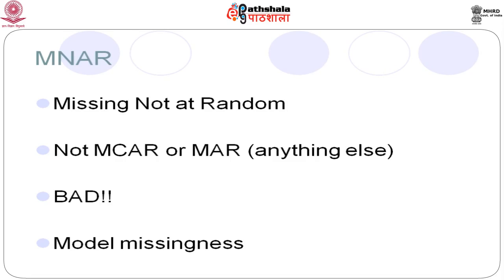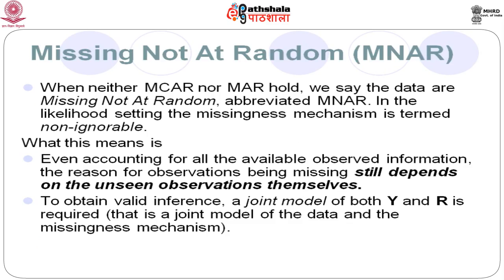And finally, the other one is MNAR, missing not at random, which is not MCAR, not MAR. So, pretty bad. Modeling missingness is also another issue for consideration, but the missing not at random situation is quite complicated.